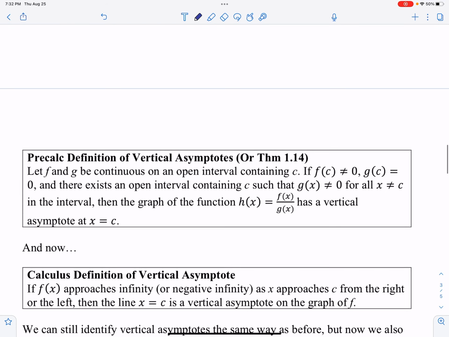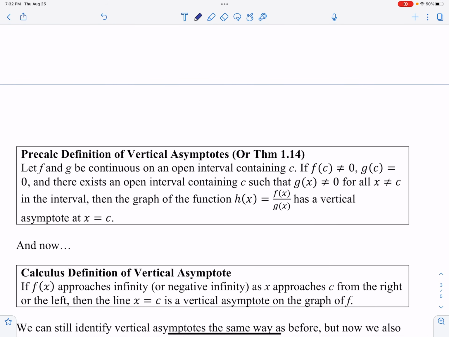Okay, remember our pre-calc definition of a vertical asymptote: let f and g be continuous on an open interval containing c. If f of c is not equal to 0 and g of c is equal to 0, there exists an open interval containing c such that g of x is not equal to 0 for all x in that interval, and the graph of the function h of x equals f of x over g of x has a vertical asymptote at x equals c.